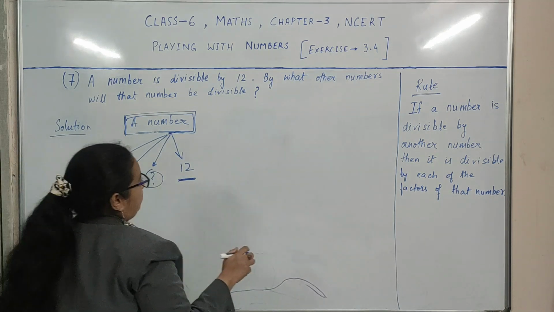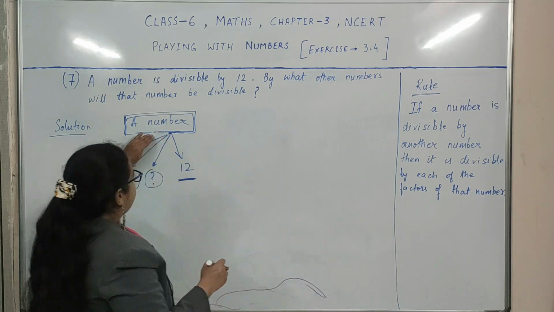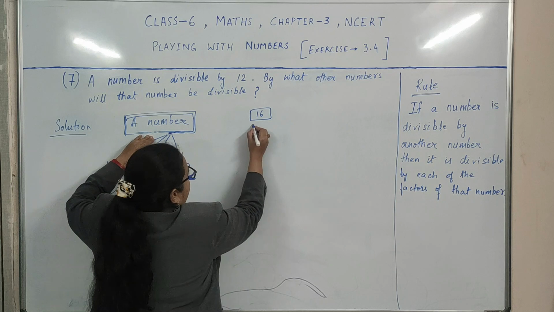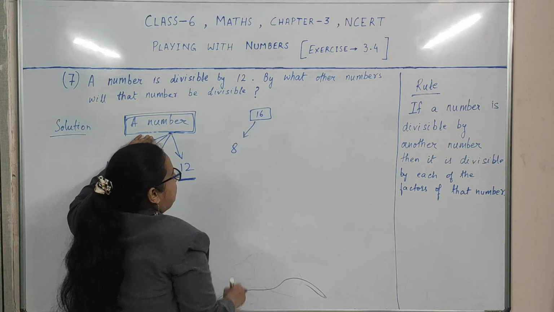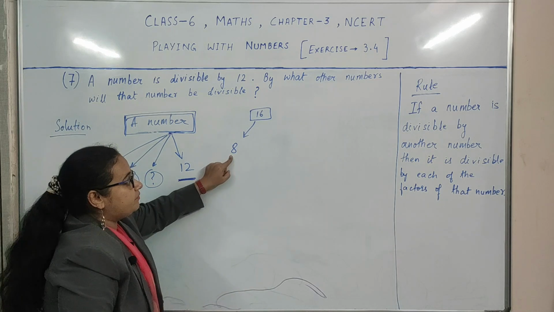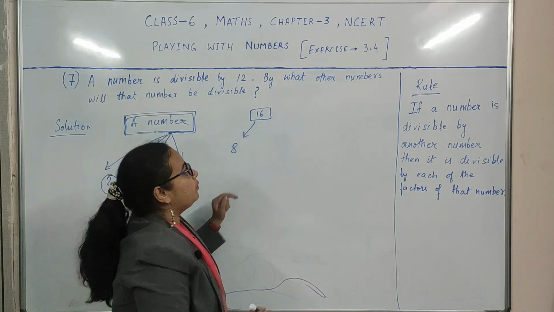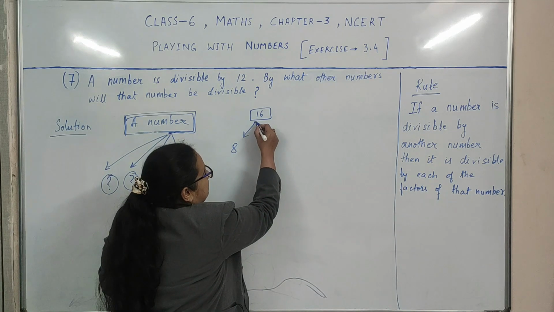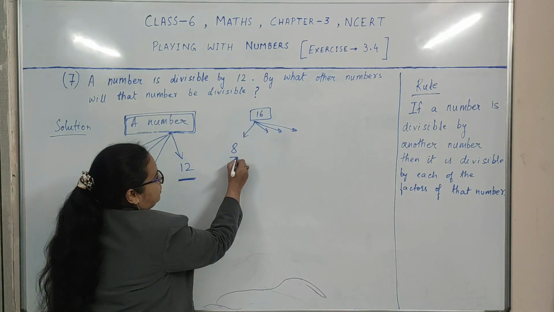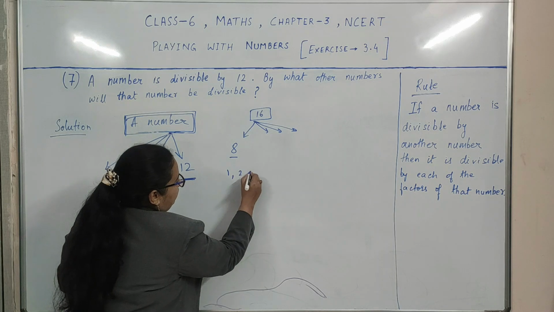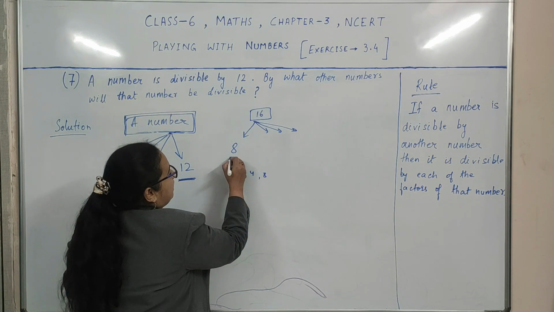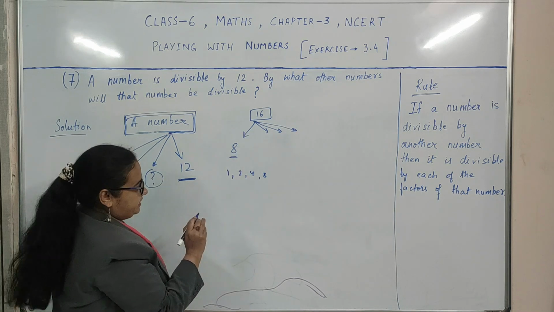See, I'll give you a small example. If a number is 16, we know that this number is divisible by 8. If someone asks what are the other numbers by which 16 will be divisible, we have to find the factors of 8. Factors of 8 are 1, 2, 4, and 8 also, but by 8 this number is already divisible.